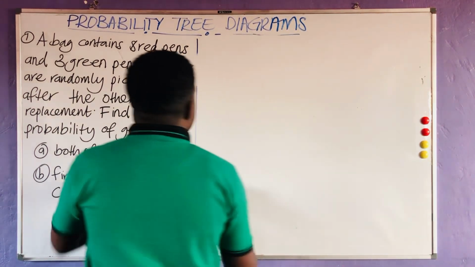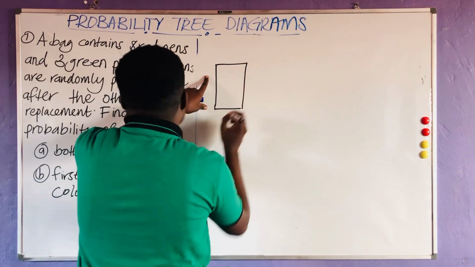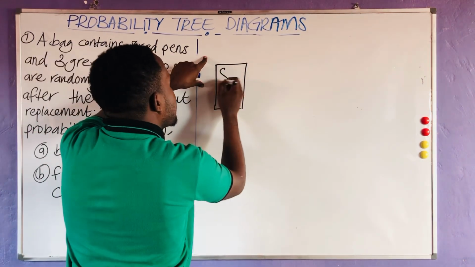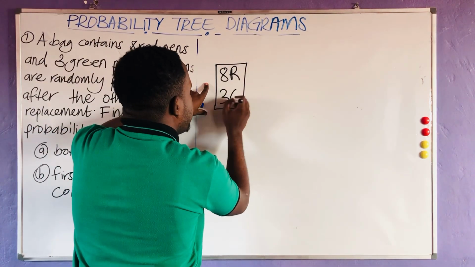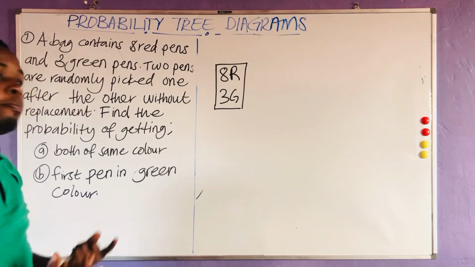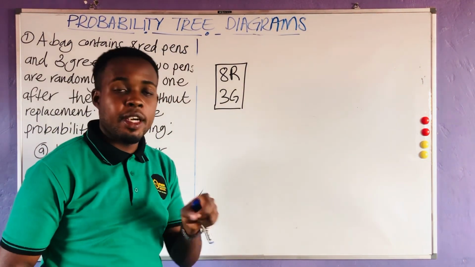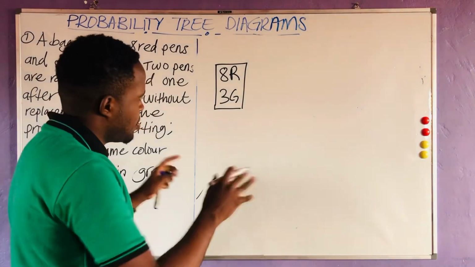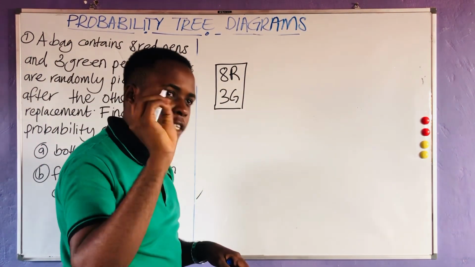So friends, we are having a bag. This is our beautiful bag. The bag is having 8 red and it is having 3 green pens. So they are saying that they are picking one pen, one after the other, without replacement. So let's try and see. We are going to first look at the first pick.